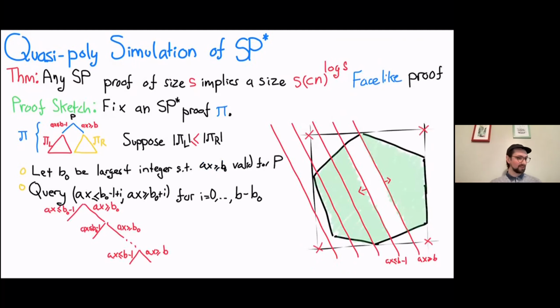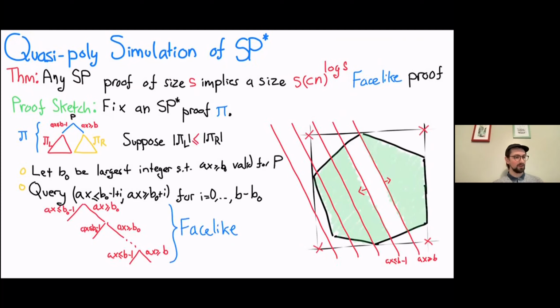So then you can observe that this little proof here, where we started at AX greater than or equal to B0 and went up to AX greater than or equal to B, is a face-like proof. Because at the polytope where you have AX greater than or equal to B0, then, sorry, that should be greater than or equal to B0 plus 1 on the second query.